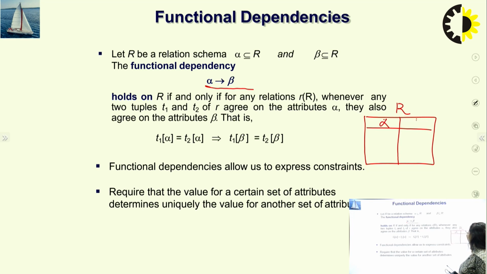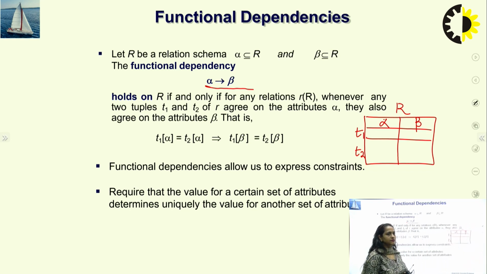We have alpha, beta, and tuples. Now please understand this, tuples T1 and T2.